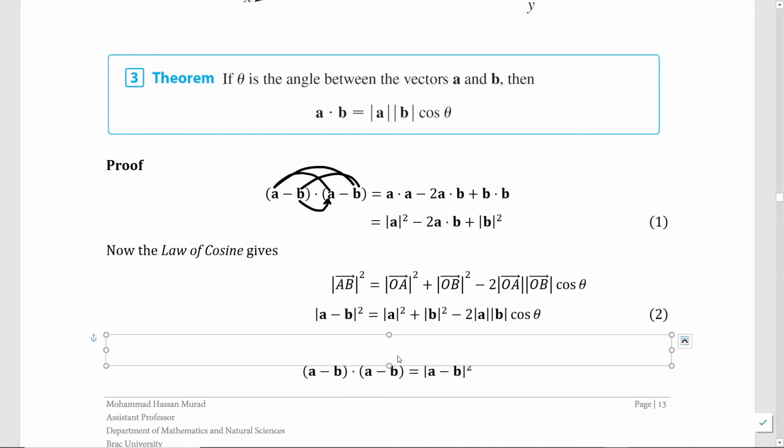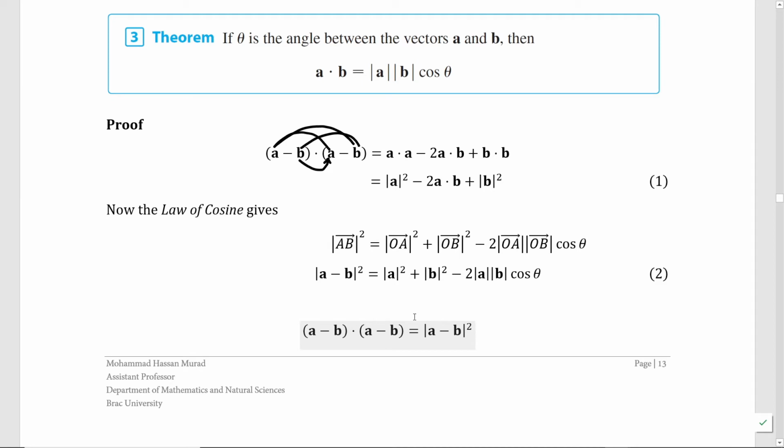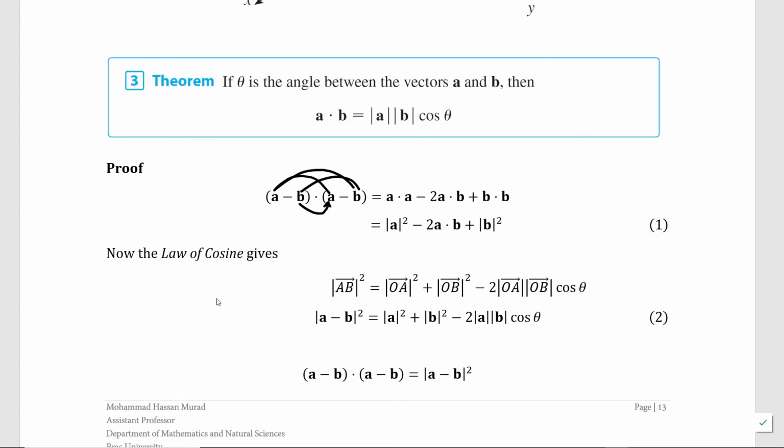Now we also know that the dot product of the vector A minus B with itself is simply the square of the magnitude of A minus B. For any vector, the dot product with itself is the square of the magnitude of itself.